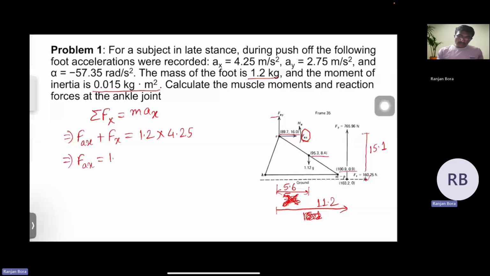We have found out the x component of the reaction force in the x direction.